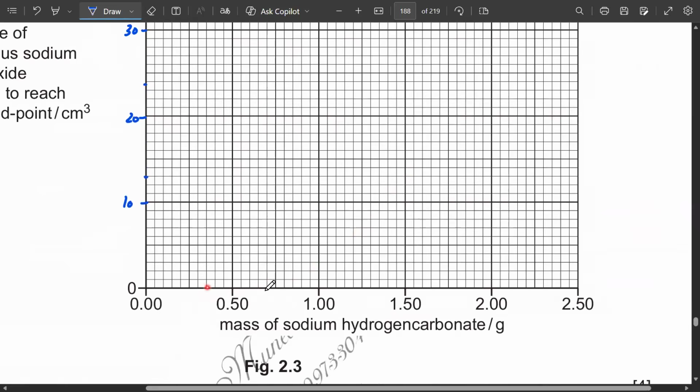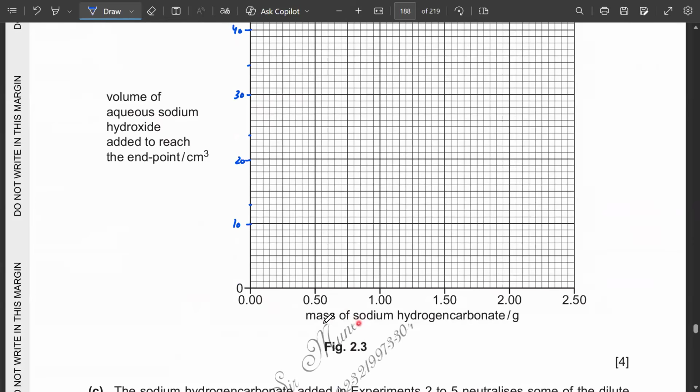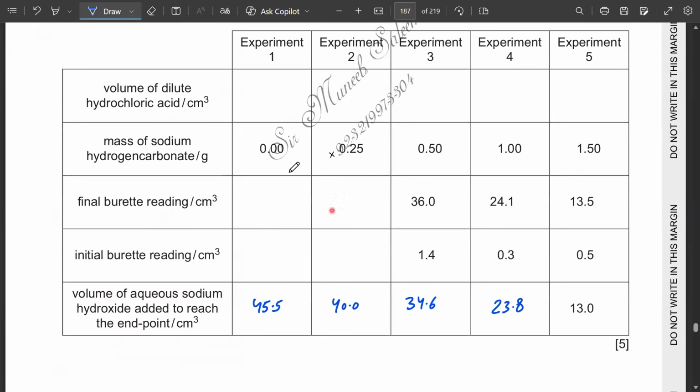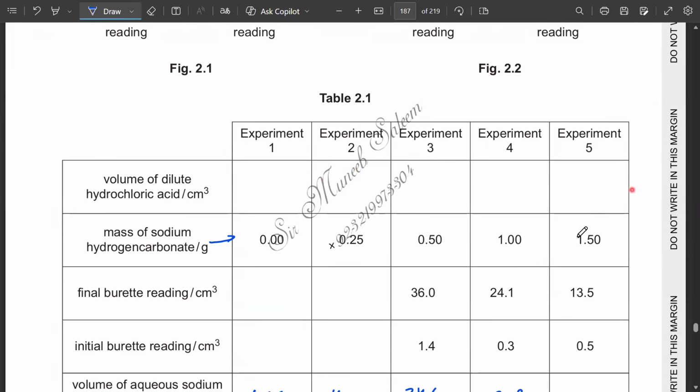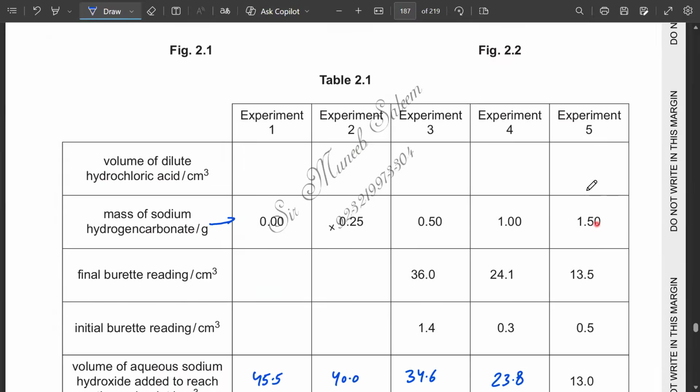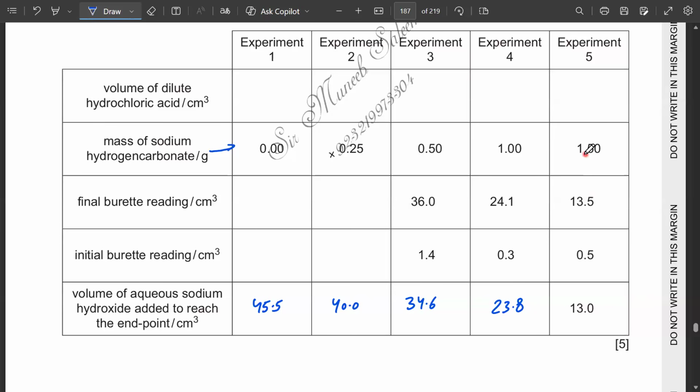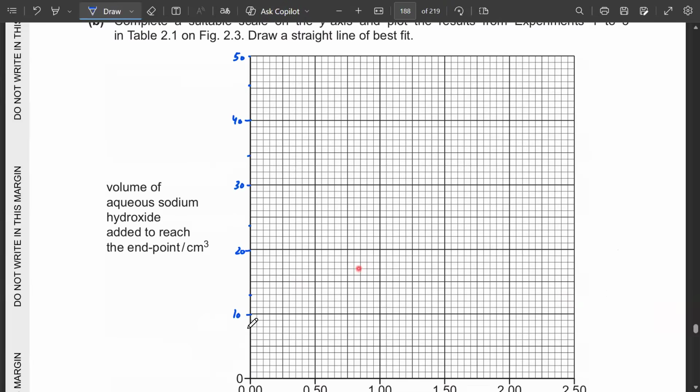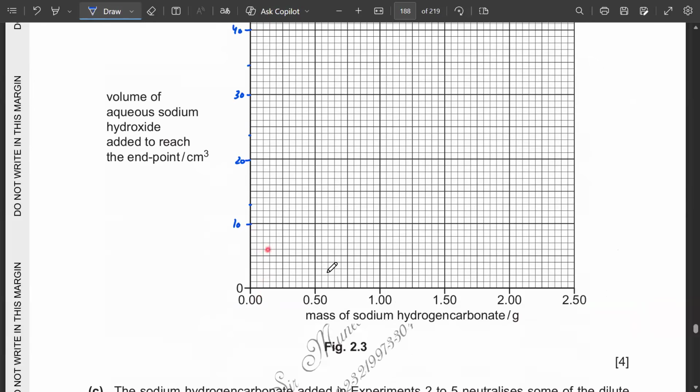The values on the x-axis are the mass, how much mass was used in all the experiments. They have already mentioned the amounts of the mass used in this experiment. For experiment number 5, 1.5 gram is used. So 1.5 gram against this one.